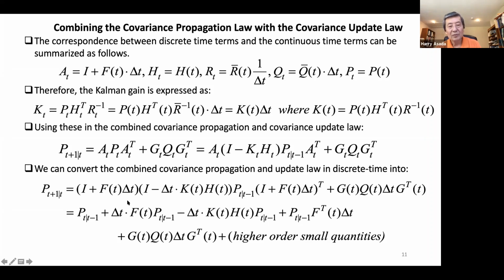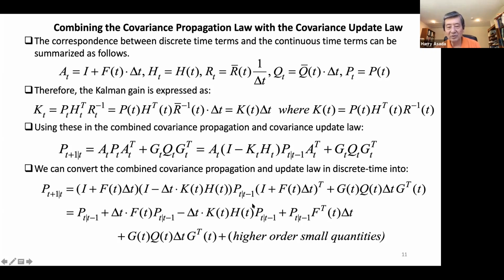Okay, so we just collect the terms having only a single delta T. So next, I times this guy minus delta T, KT, PT given T minus 1, and I take this I, and then we get the expression. And lastly, I, and then this one results in this. And all the other combinations, when you expand this, involve higher order small quantities.